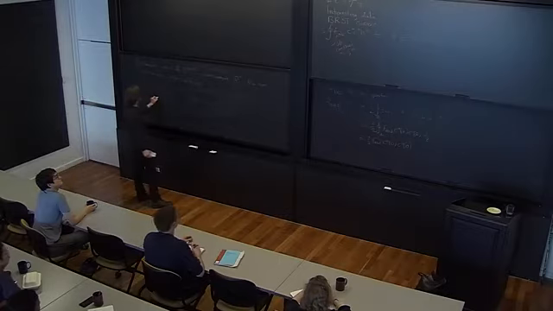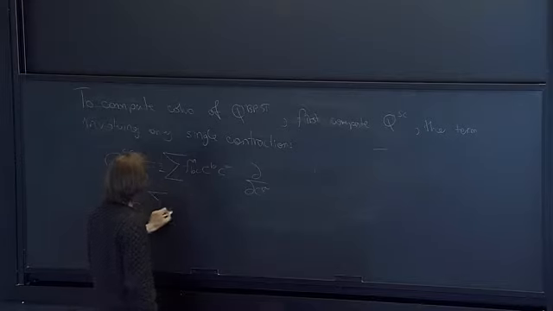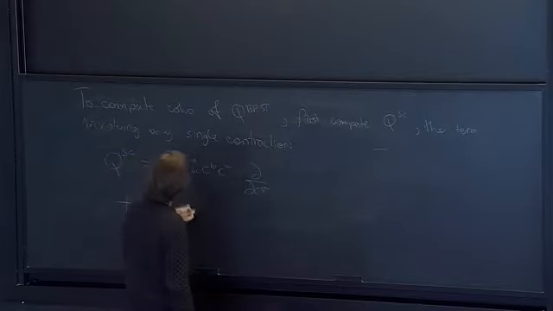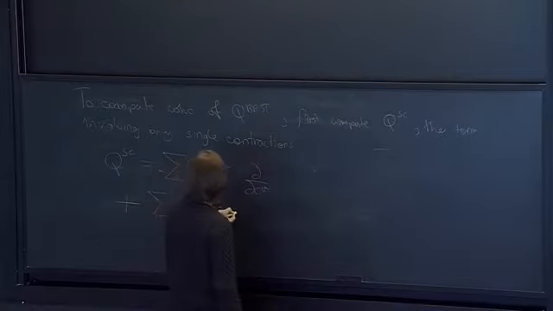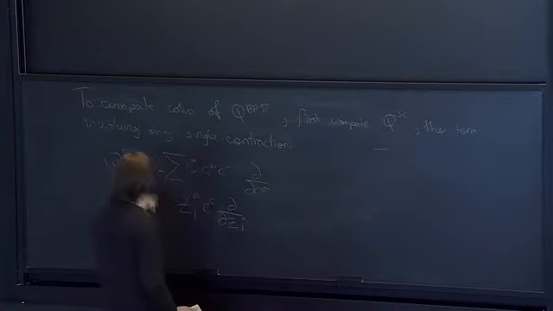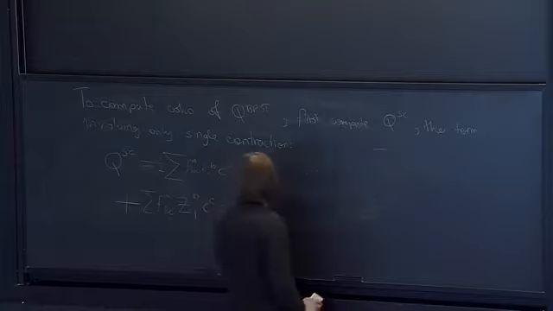So, say, sum z1 a c b, and then the same thing for z2 with the minus sign.